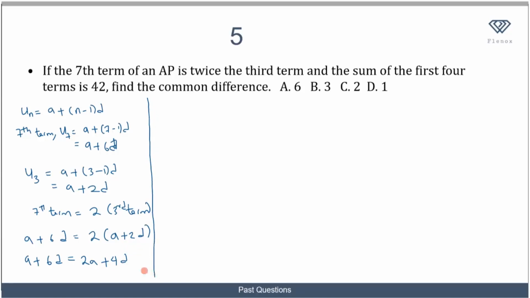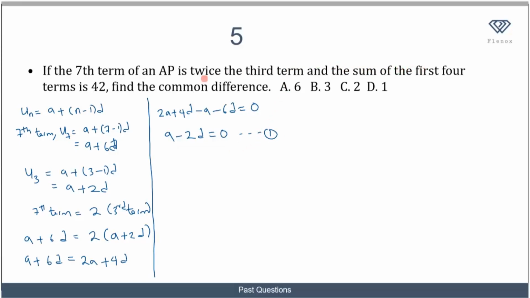So what do I obtain from this now? If I bring this to the other side, I have 2A plus 4D, and I bring this to the other side, minus A minus 6D equals 0. So 2A minus A will give me A, and 4D minus 6D will give me minus 2D is equal to 0. So this will be my first equation.